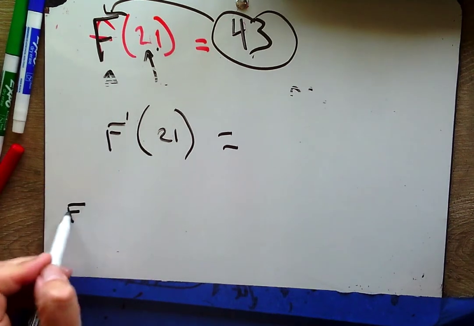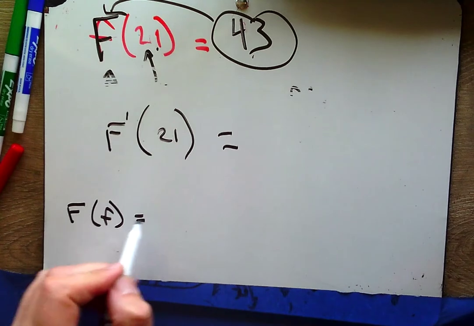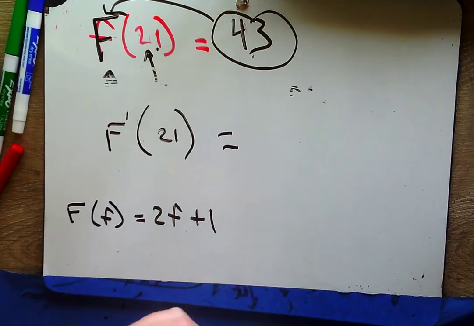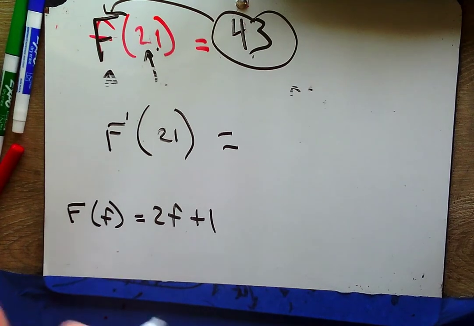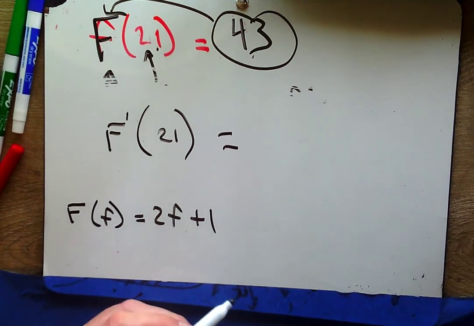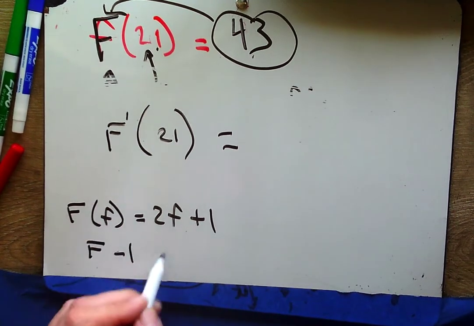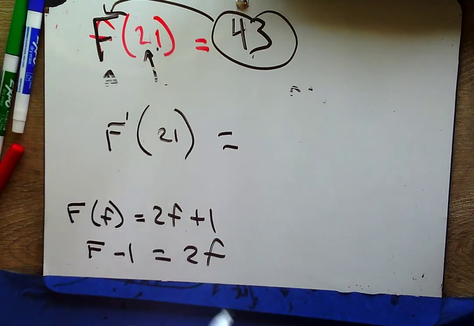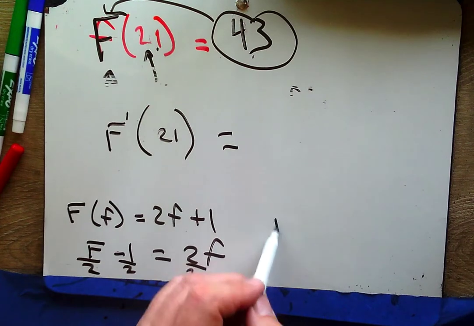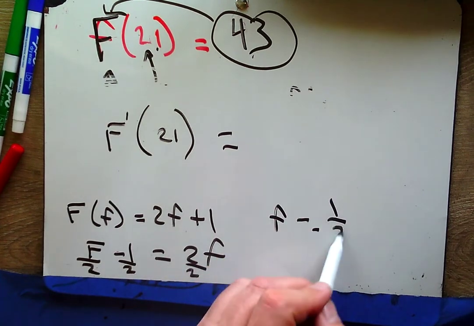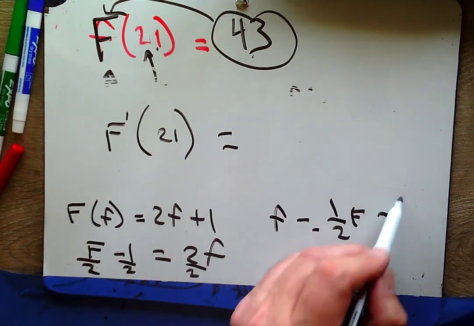Remember that big F of little f was 2 little f plus 1. Am I going to switch the big and little f? No. I'm just going to solve for little f. Big F minus 1 is 2 little f. And if I divide everywhere by 2, I get that little f equals 1/2 big F minus 1/2.